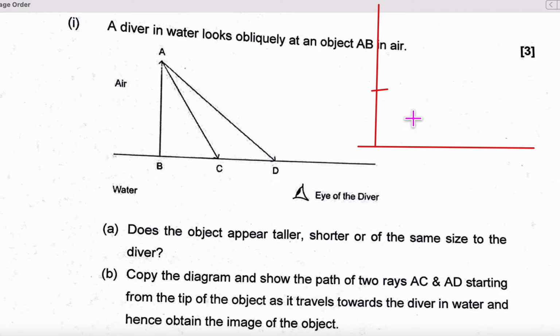Don't take it too tall, because then the diagram will not fit on the page. And when you take these rays, they are going to go towards the normal, so make sure that these two rays are like this nicely. You understood how you should take the rays? That was my mistake.